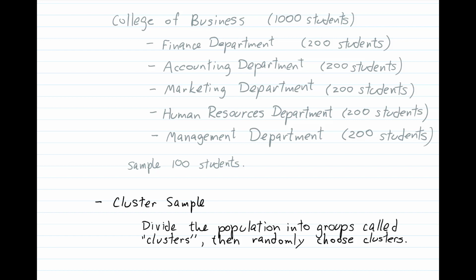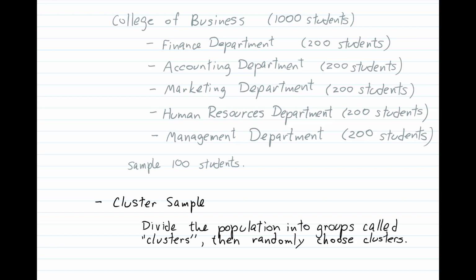Of course, now, if you got to the end of the list and you didn't have 100 yet, then you would continue by just going back up to the top of the list. Because I said you pick a starting point, okay? And it's important to randomly pick the starting point. That's very important, okay? Don't pick the person whose name you like the best. You randomly pick a starting point.